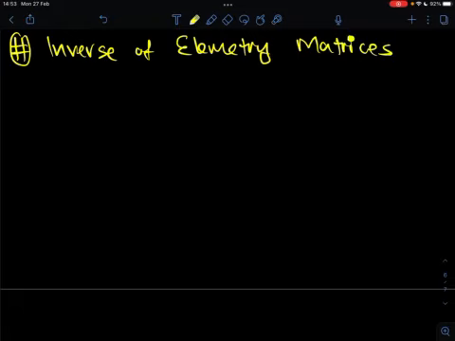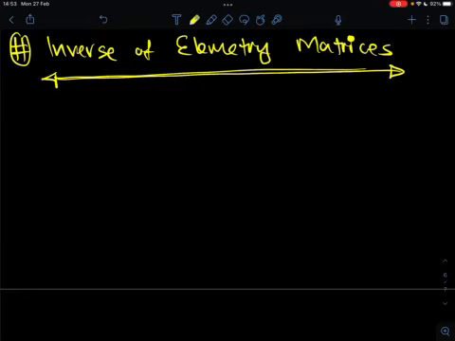So how do we obtain inverses of elementary matrices? This is what we want to do now: how to find inverses of elementary matrices.